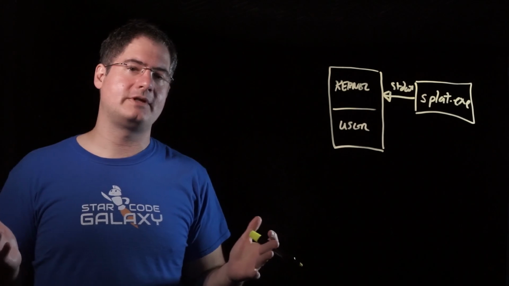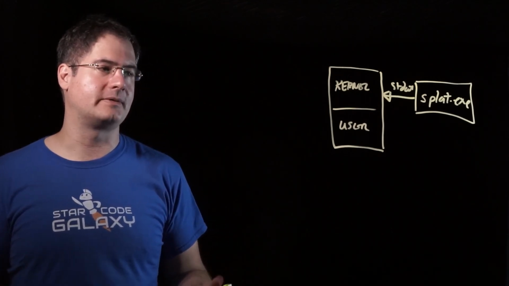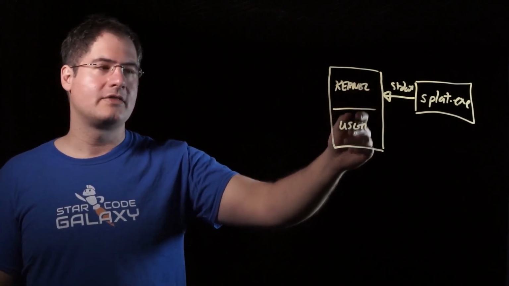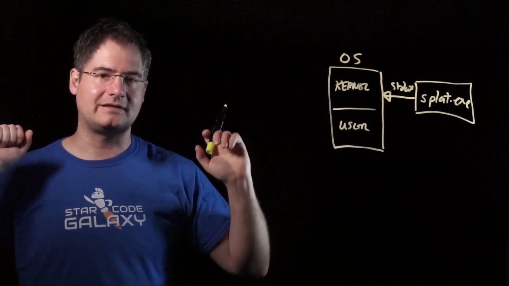Where it actually happens, how it actually happens, can change depending on the operating system. But there's going to be at least some kernel and some user space code that's actually put in there by the OS. So splat.exe sends all its data out.